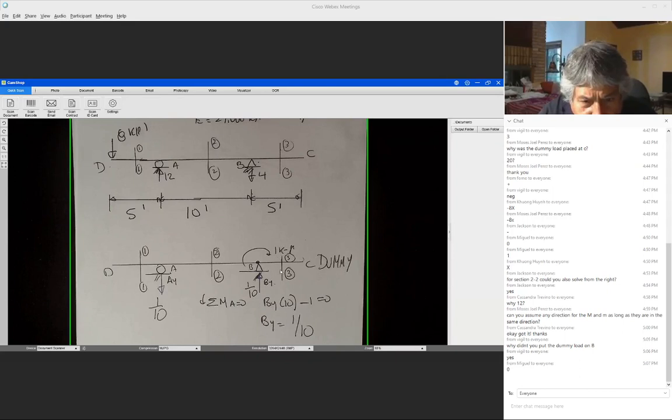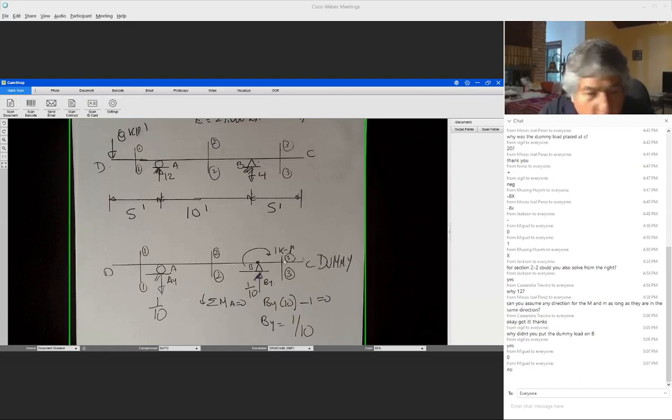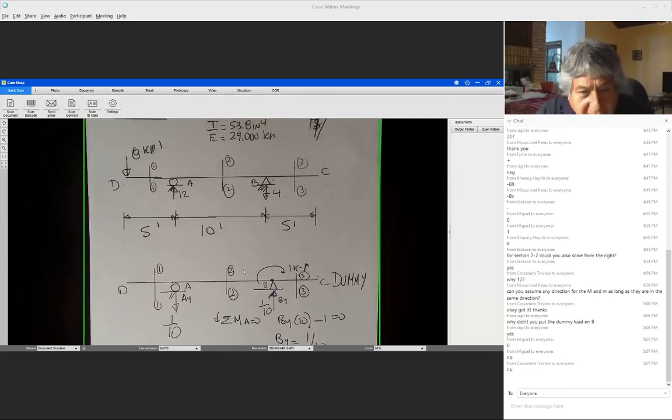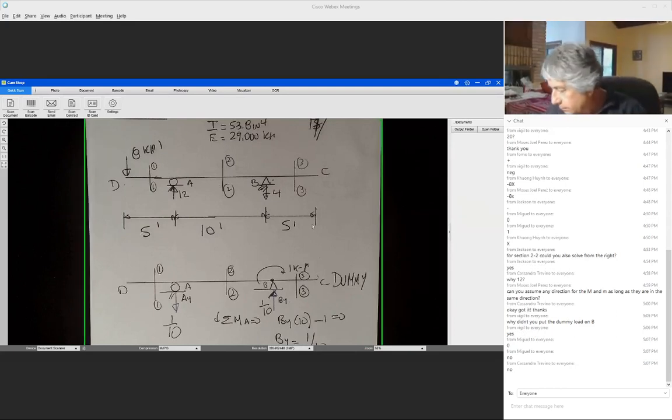What about this section? If I put my origin here, is there a moment here? No, 0. So the only thing that I need is section 2. I want to recycle from the previous problem for the given load section 2.